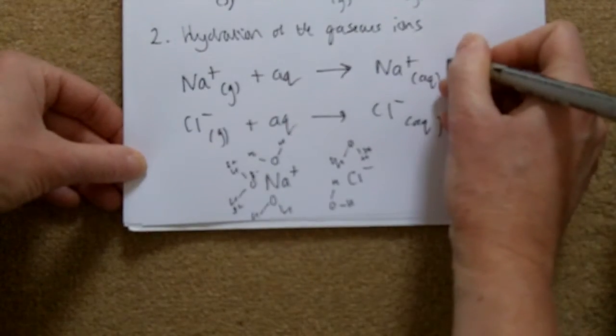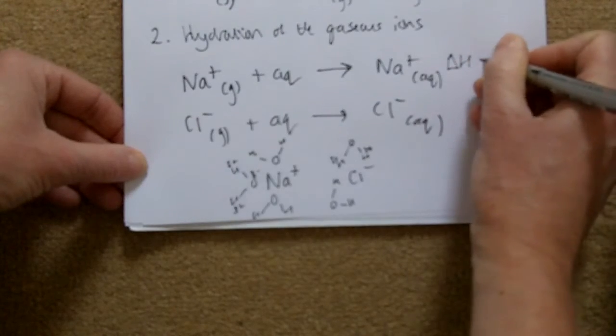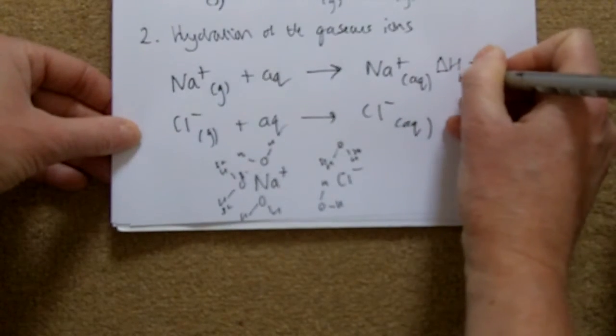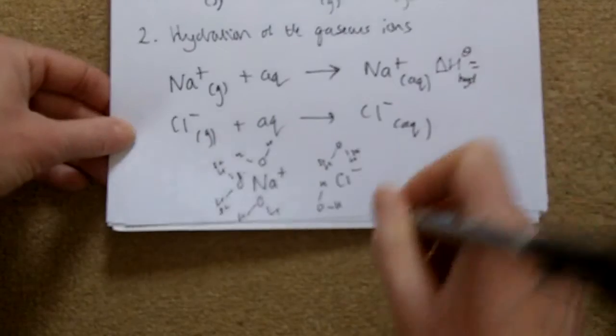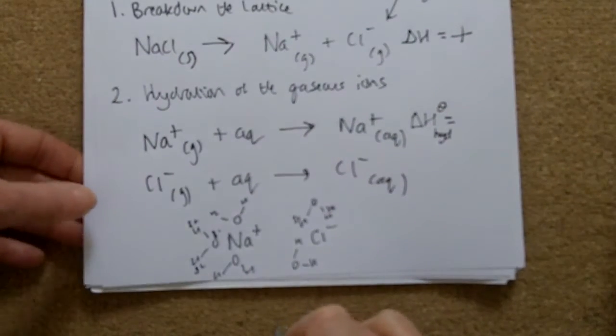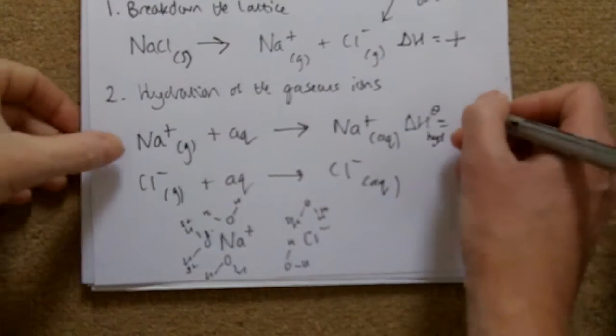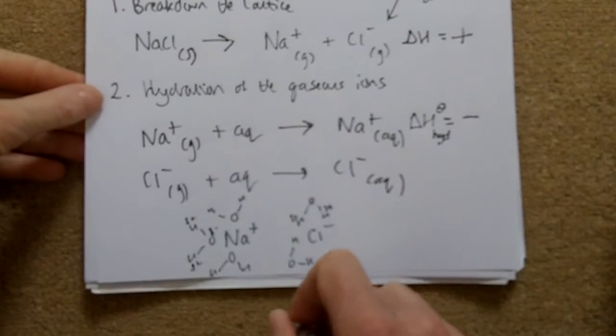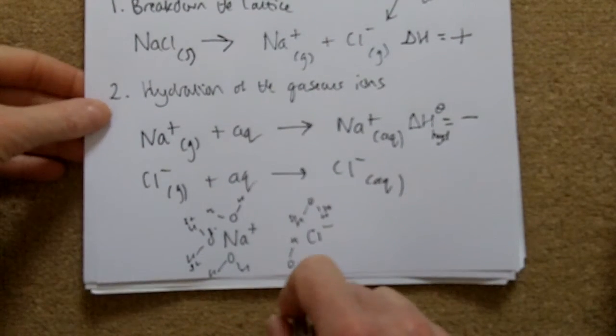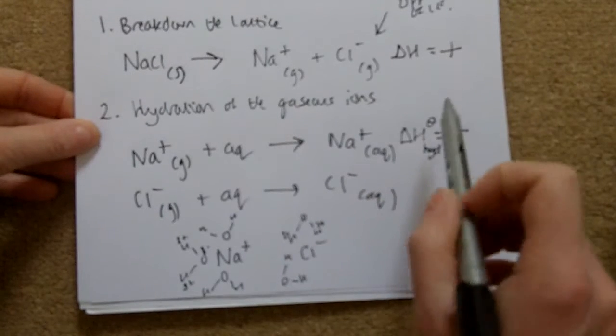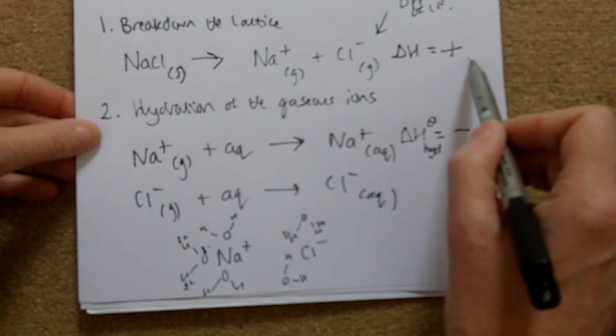Now what will this hydration be, and we put hyd for hydration, all right? Will it be positive or negative in value? Okay, so it will be negative because you are forming an attraction. What will the magnitude, what will the size be of these?